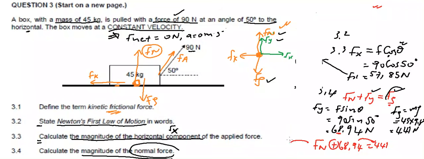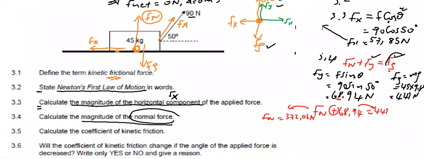Therefore, the normal force is equal to, let's press the calculator, 441 minus 68,94. So the answer for the normal force will be equal to 372,06 newtons. Then the question is answered.